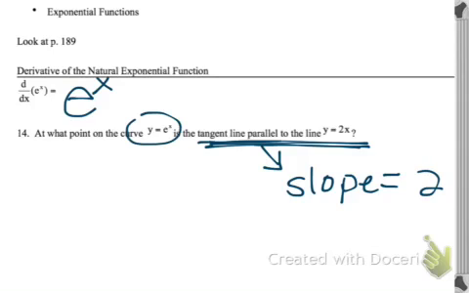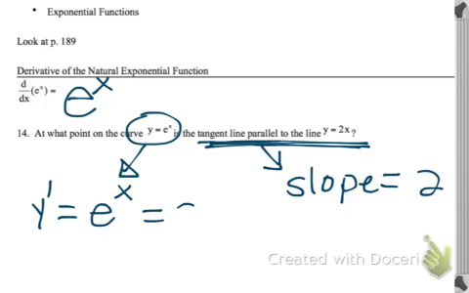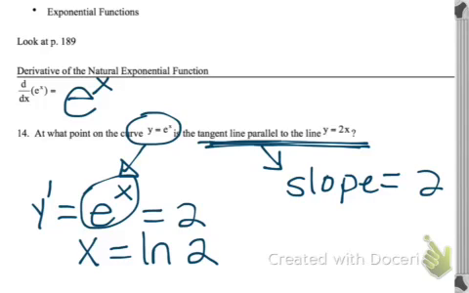How do you find the slope of the tangent line? Well, it's the derivative. So what's the derivative of e to the x? It's e to the x. And we want to know, when does that equal 2? How do you solve? Go back from last year in even algebra 2, take the natural log of both sides. So if I take the natural log of this side, I just get x. So it would be the natural log of 2. So my answer to this question is natural log of 2.